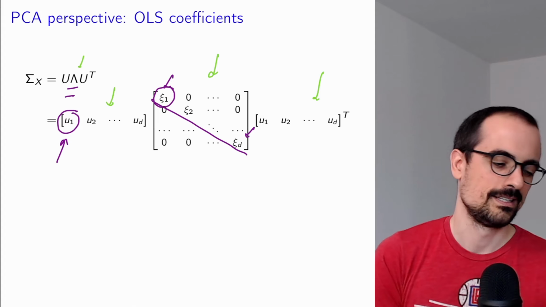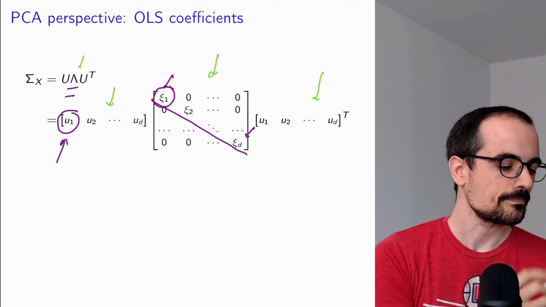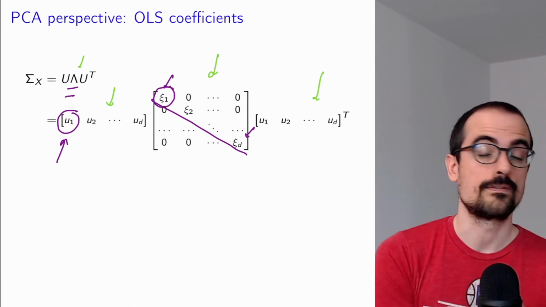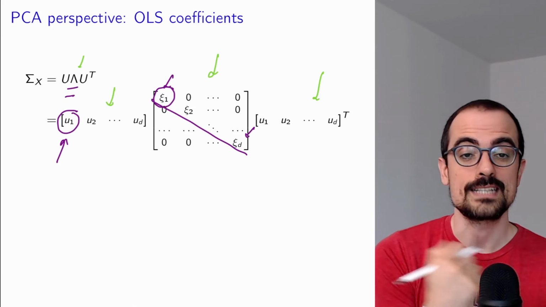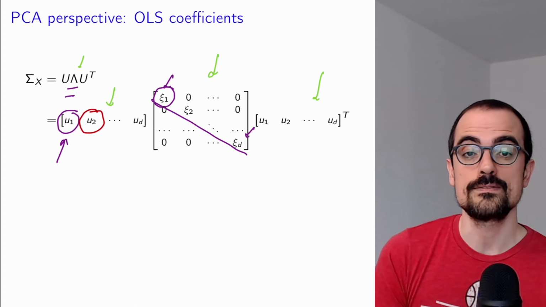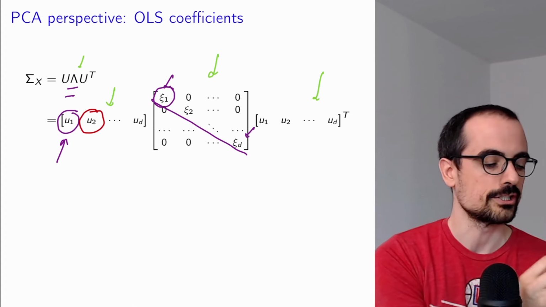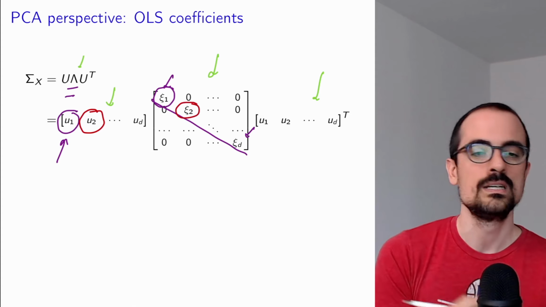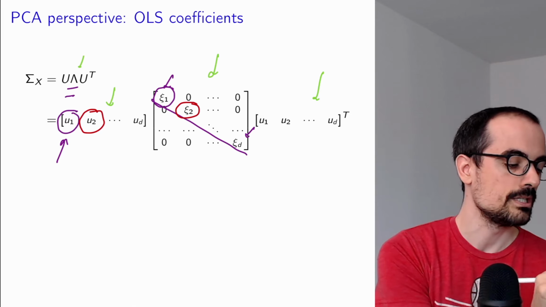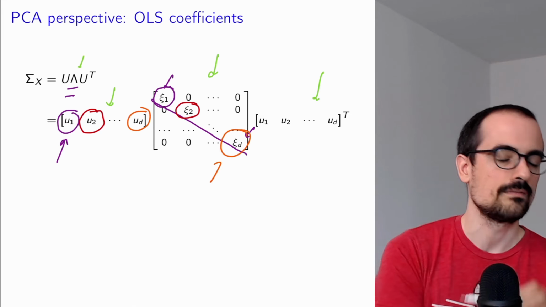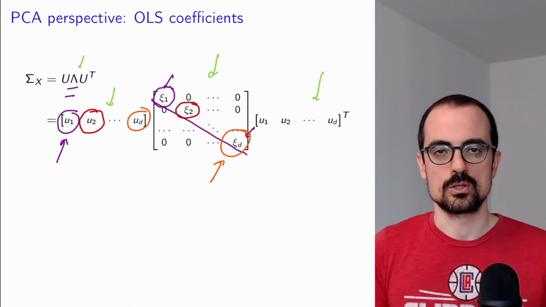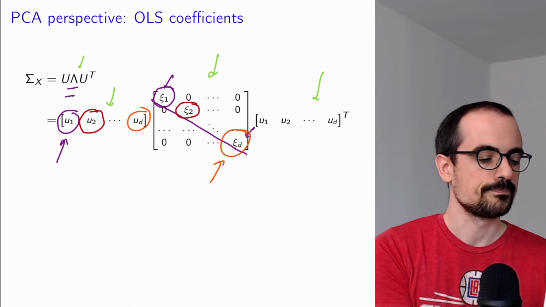In the directions orthogonal to the first principal direction, the largest sample variance is achieved at U2, the second principal direction. That sample variance is equal to xi 2, and so on and so forth until we reach the last principal direction, which is the direction of least variance of the features. Again, please review the principal component analysis video if you don't remember this stuff.